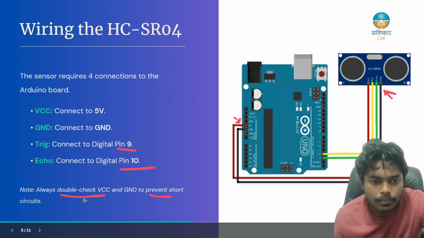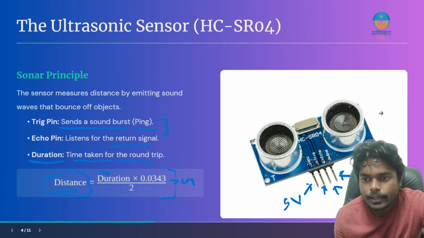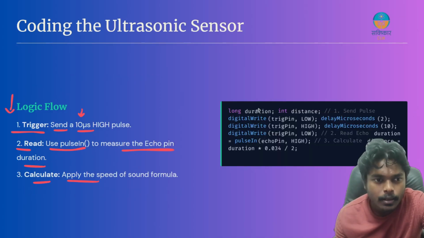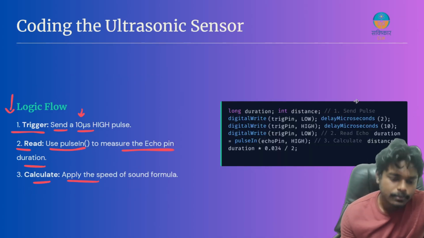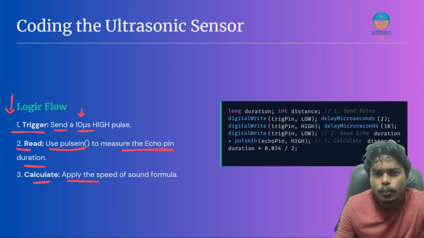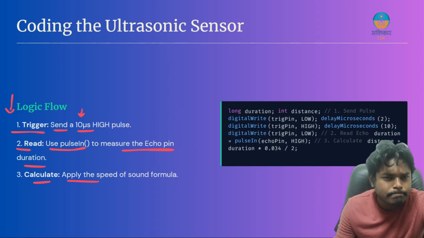With this formula we calculate the distance between the sensor and the object. All right, now that we understand the logic and connections, let's move into the actual coding part.